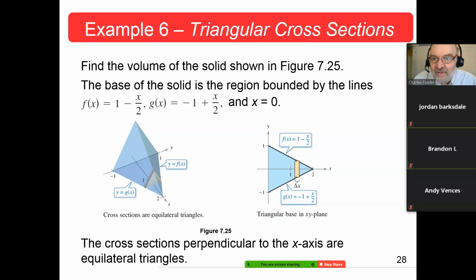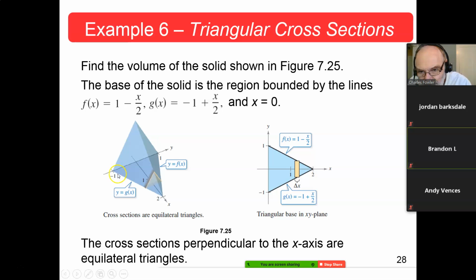Find the volume of the solid shown in figure 725. That's this one right here. The base of the solid is the region bounded, the base down here, going from -1 on, now they turned it around. This is y, -1 on y, +2 on x, to +1 on y, and then back to -1 on y. So the base of the solid is a region bounded by the lines.